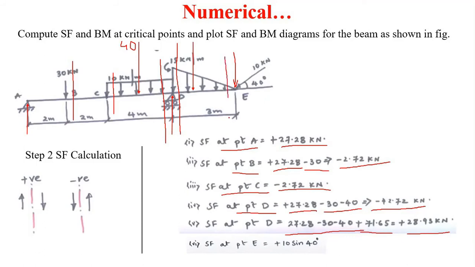When we take a section at just the left side of this E, this 10 sine 40 degree is the force and it is in the downward direction. The force which is moving in the downward direction at the right side of the section will be considered as positive. So here the shear force at point E is equal to plus 10 sine 40 degree, which is equal to plus 6.43 kilonewton.